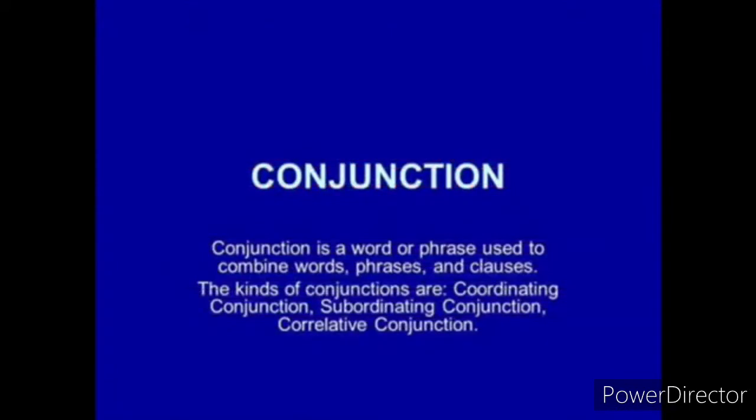A conjunction is a word or phrase that is used to join words, phrases and clauses. So be clear, children, a conjunction is a word or phrase used to join words, phrases and clauses.